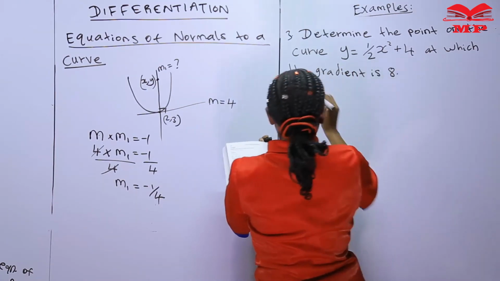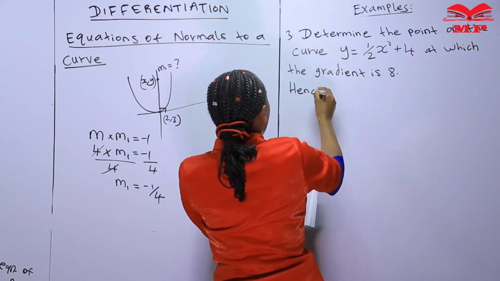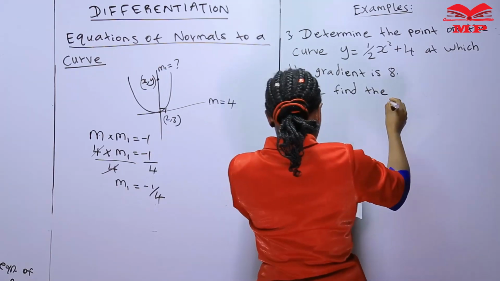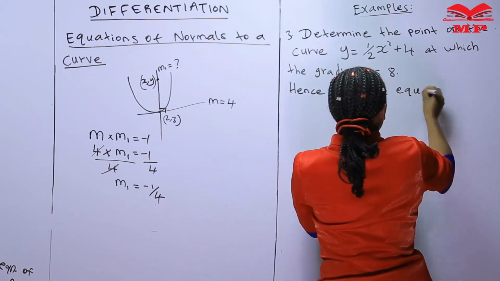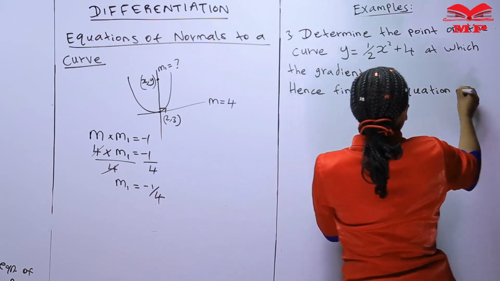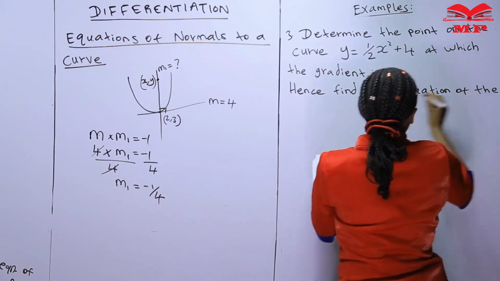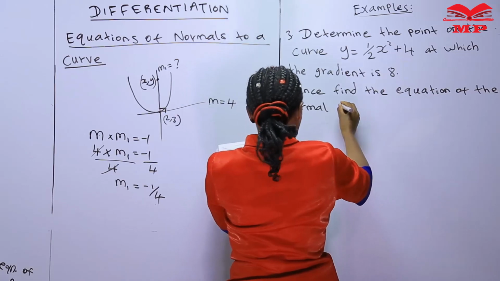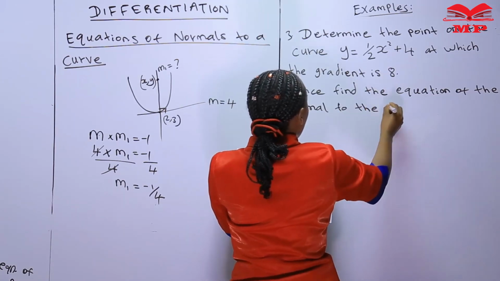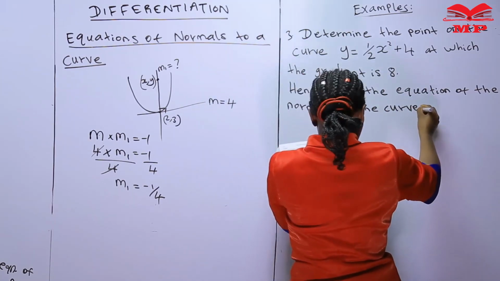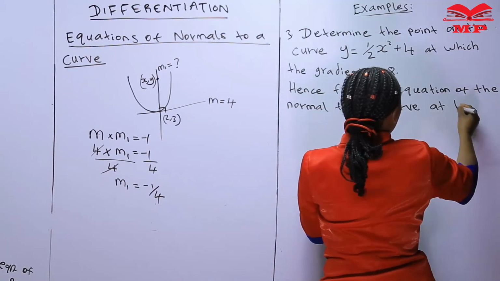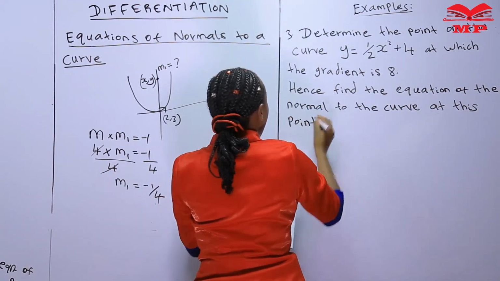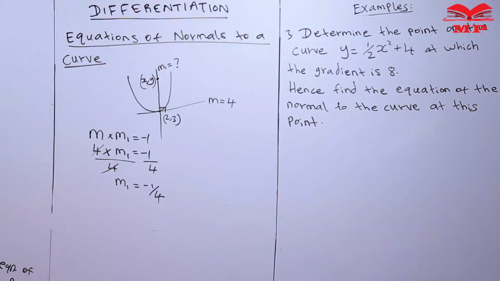That's the first thing. Then hence find the equation of the normal to the curve at this point. So that is the question that we have been given.